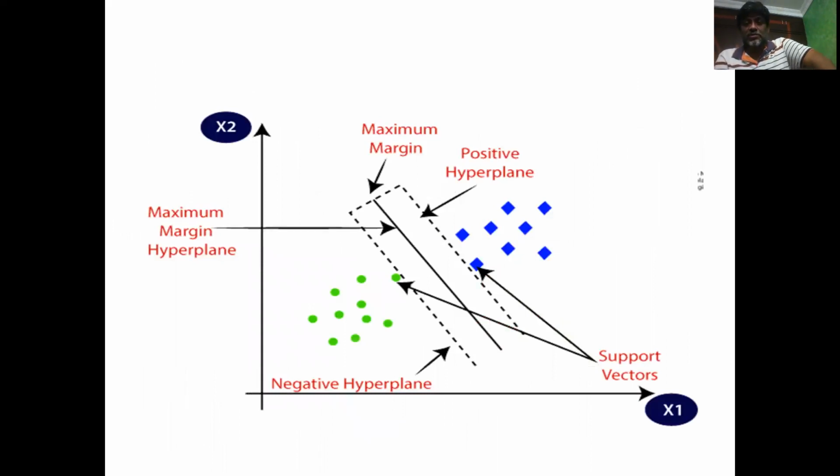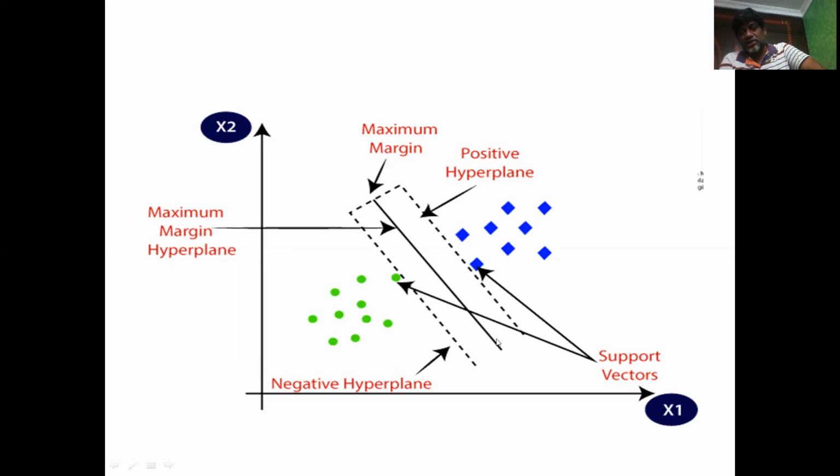Look at this diagram to understand a few terminologies that you need to remember in order to clearly understand the remaining topics related to support vector machines. Here are two classes, one in blue color and the other in green color. I have identified an optimal hyperplane here.